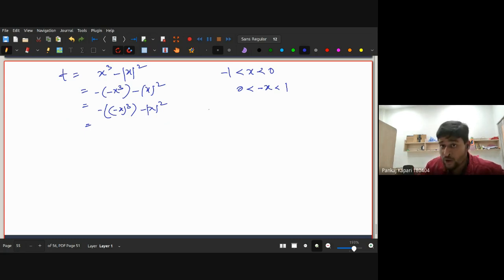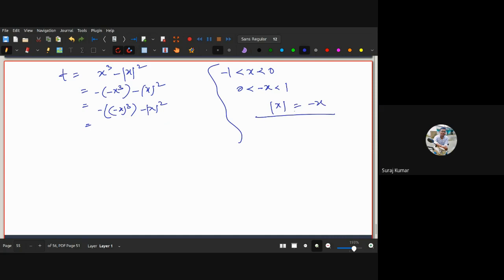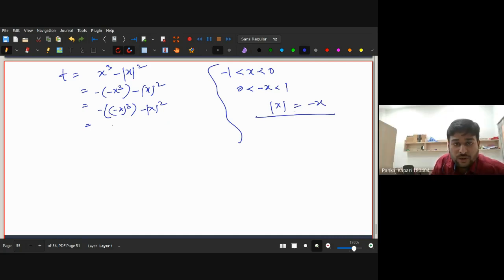Because x is negative, what is mod x? Mod x is just the same as minus x, right? Here x is negative, therefore mod x is the same as minus x. So here you can just write this as mod x cube minus mod x square. Now you can take the minus sign common and write mod x cube plus mod x square.